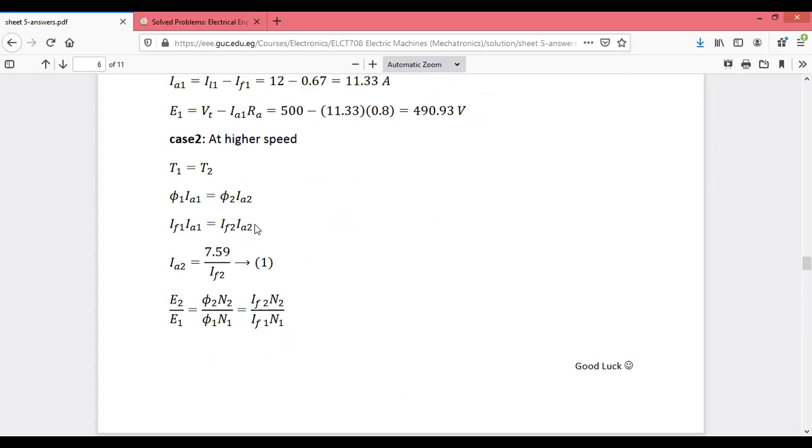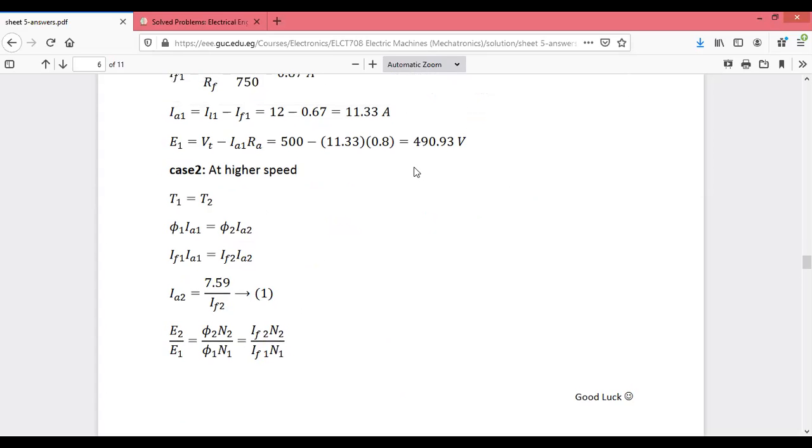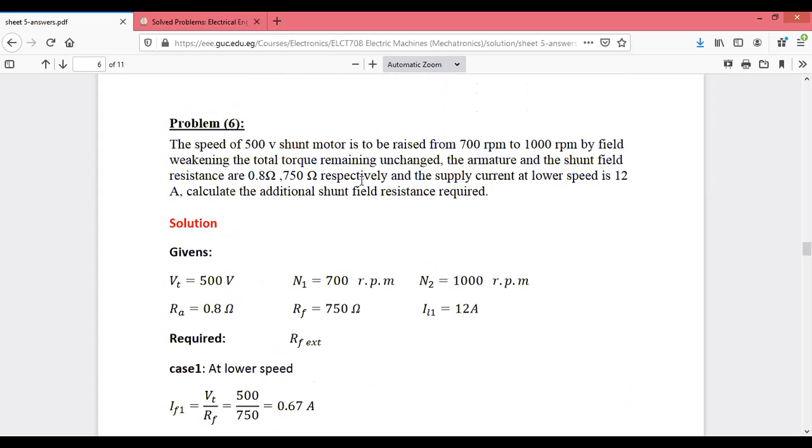Here they have given that we are only increasing the speed from 700 to 1000, but the torque remains unchanged.